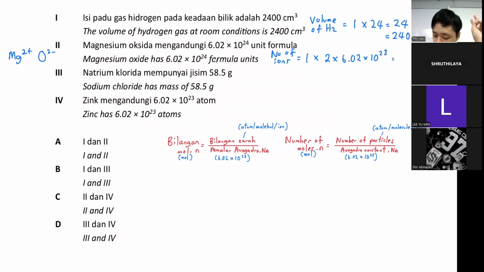Then you will get 1.204 times 10 to the power of 24. So do you think the second is correct? No.